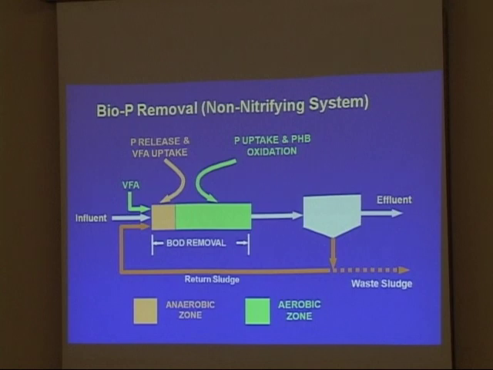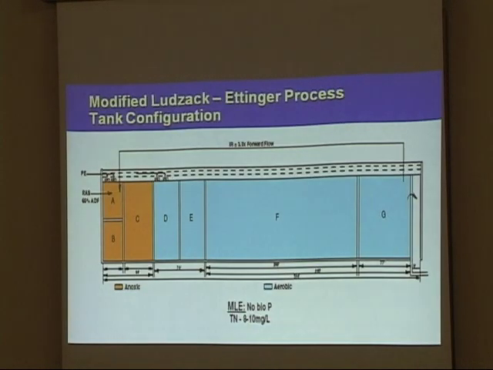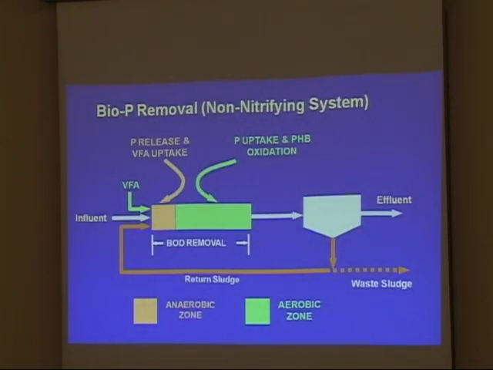Then in the aerobic part, you have the phosphorus uptake and the polyhydroxy, I'm not going to get it right, but the PHB oxidation. All right. So what's happening there now is you've got the phosphorus locked into the bugs, and then ultimately everything's locked into the waste sludge. So that's the phosphorus removal process at this plant.